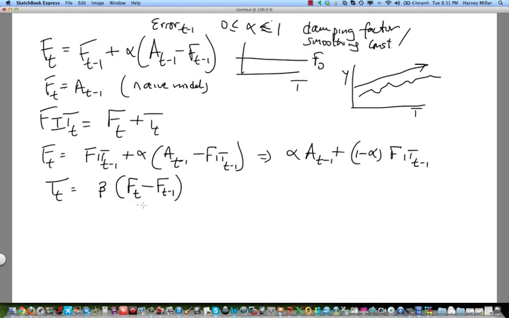In essence, that is some kind of projection of the trend. So we'll take a fraction of that, and add to it 1 minus beta times T t minus 1, the trend component that we used in the last period.